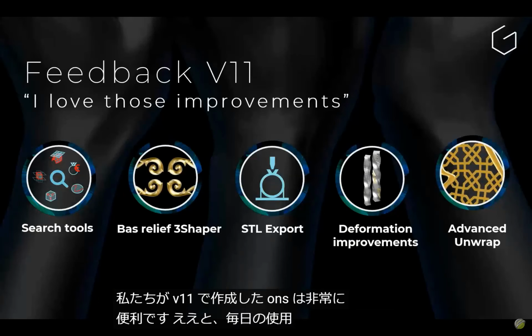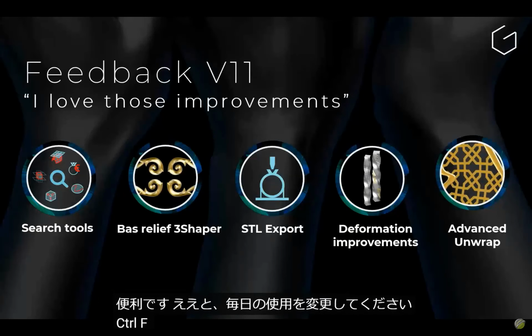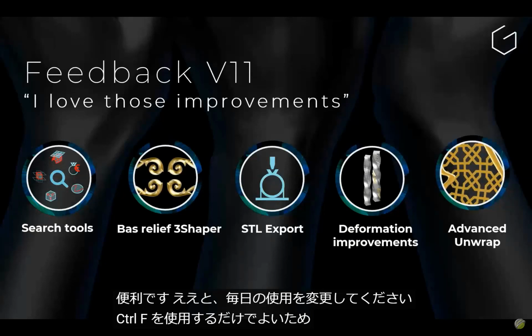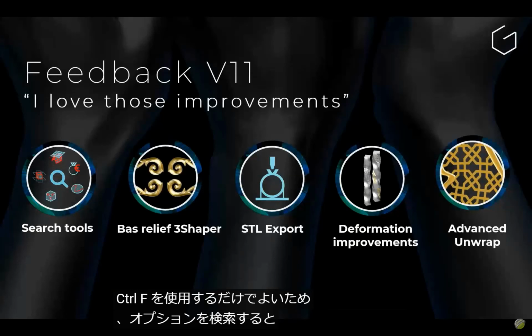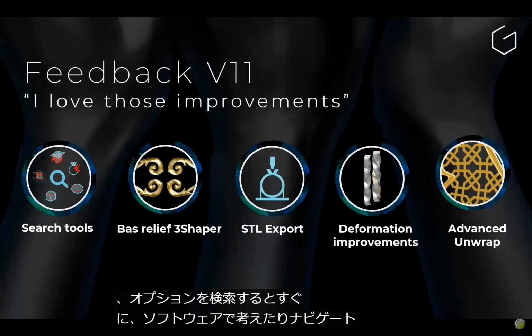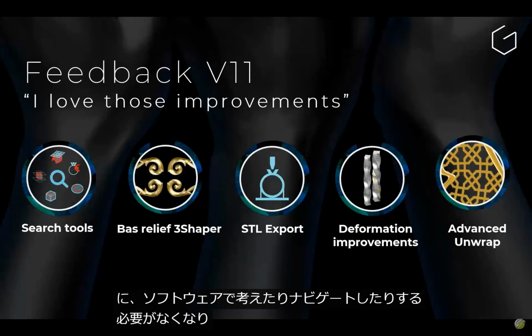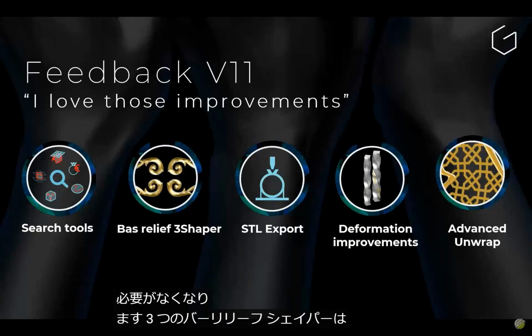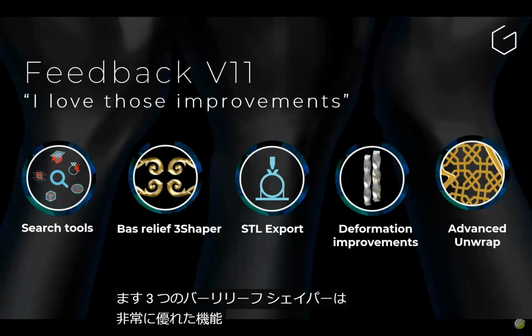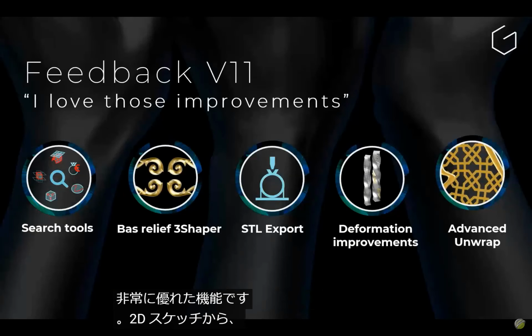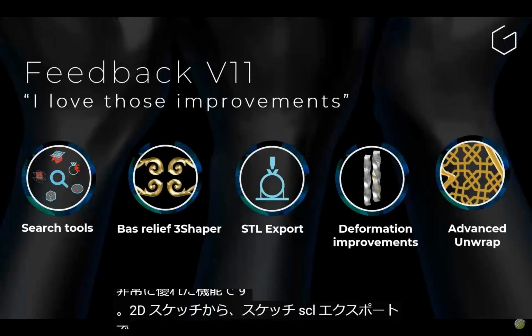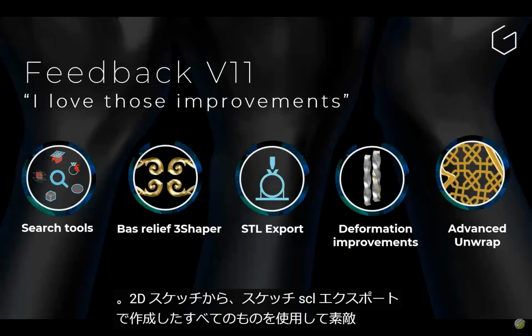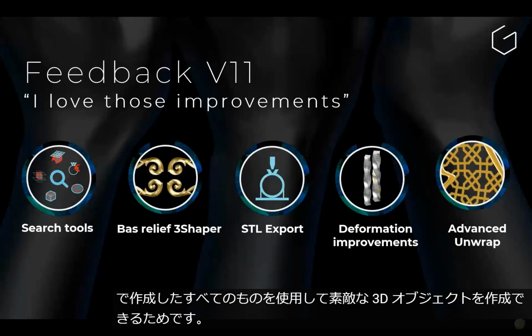It changes your daily use because you just use Control F, you search for the option, and directly you are in. You don't have to think and navigate in the software anymore. The bas relief in 3Shaper is a really great function because you can create nice 3D objects from 2D sketches, with everything you created in the sketch.